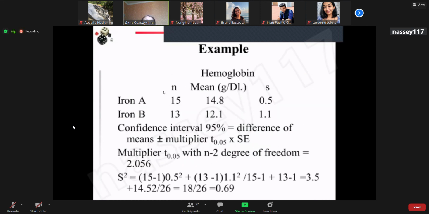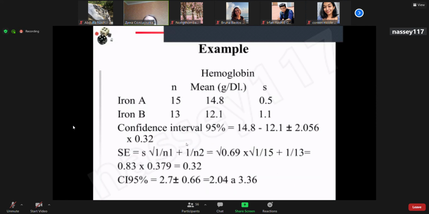So in the first group, 15 subjects, iron level 14.8, and the standard error is 0.5. In group B, 13 subjects, 12.1, and 1.1. So we will calculate the confidence interval, then we calculate our variation, and you see our standard error will be 0.32, while the confidence interval is from 2.04 to 3.36.